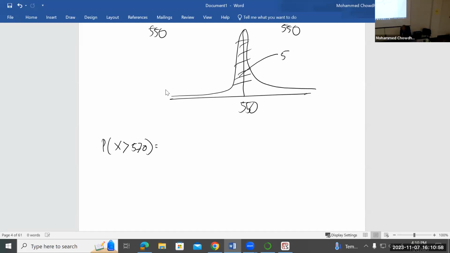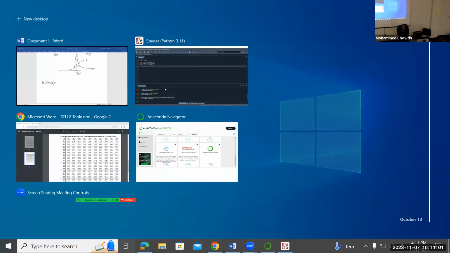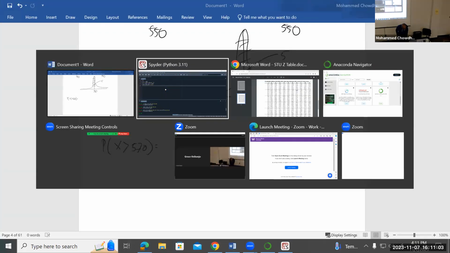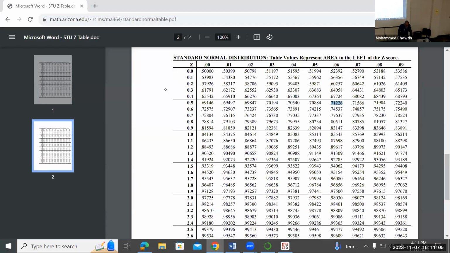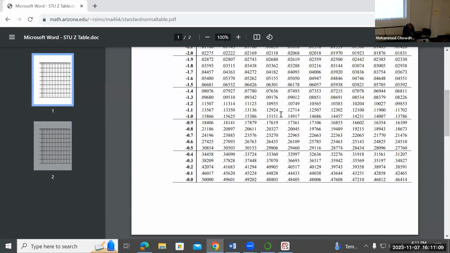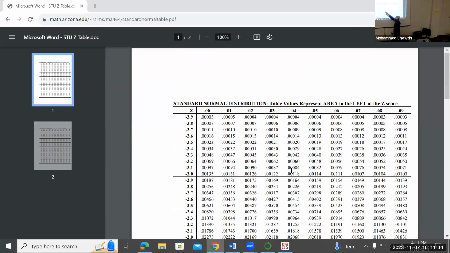And this that you are seeing is in the Z format, right? This is not in the X format. First of all, try to understand. I do not have Python, I do not have R, I do not have any machine. Clear, right?